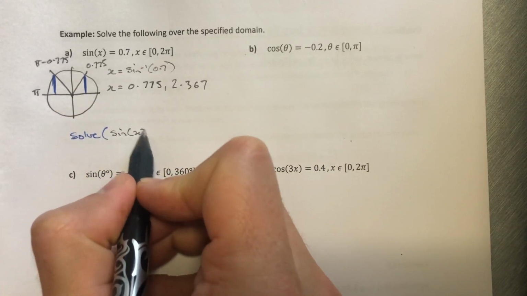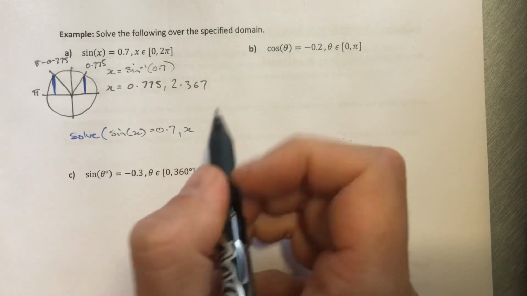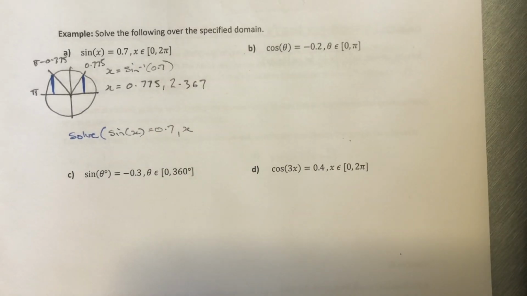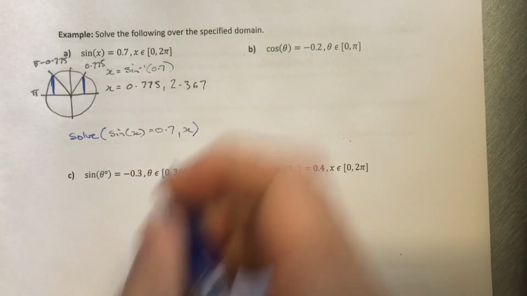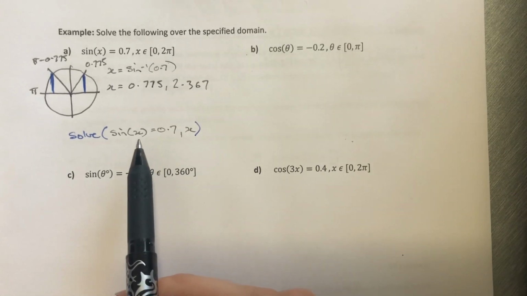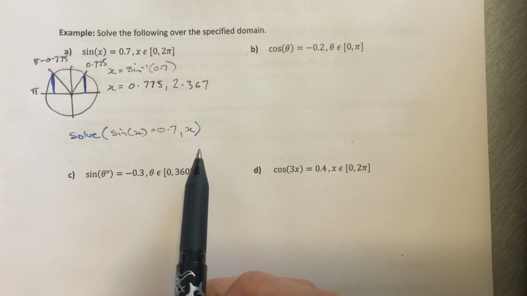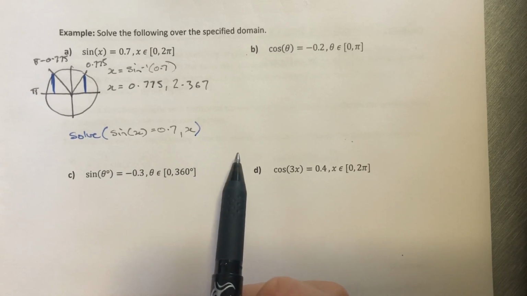So sine x equals 0.7, and we want to solve for x, don't we? So we're going to put that in there. Close our bracket. Now, if you press enter, what's going to happen is you're going to get every single answer as if the sine graph just continues on forever. So you're going to have an infinite number of answers.